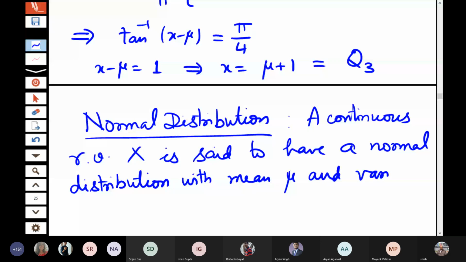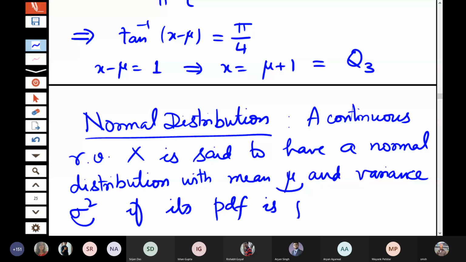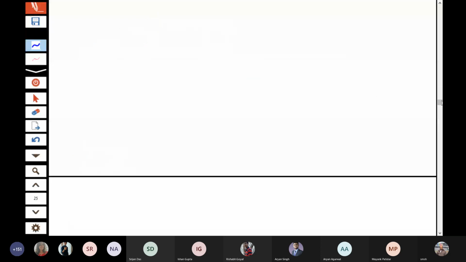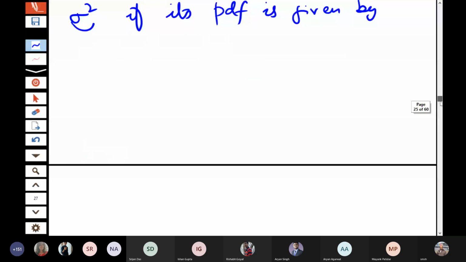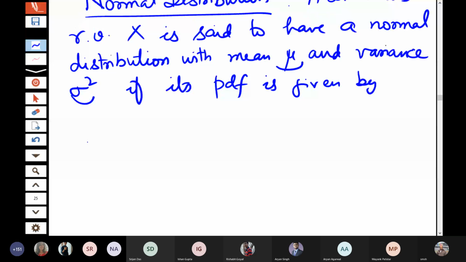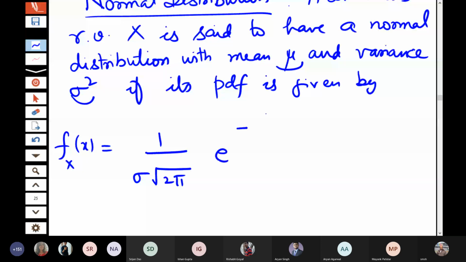normal distribution with parameters mu and variance sigma square, if its PDF is given by 1 by sigma root 2 pi e to the power minus 1 by 2 (x minus mu by sigma) whole square.